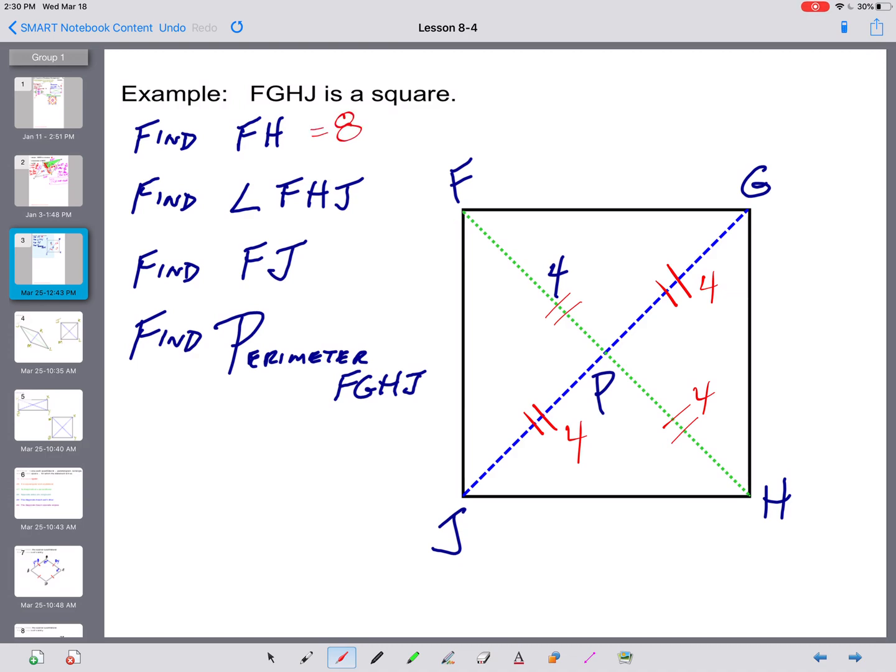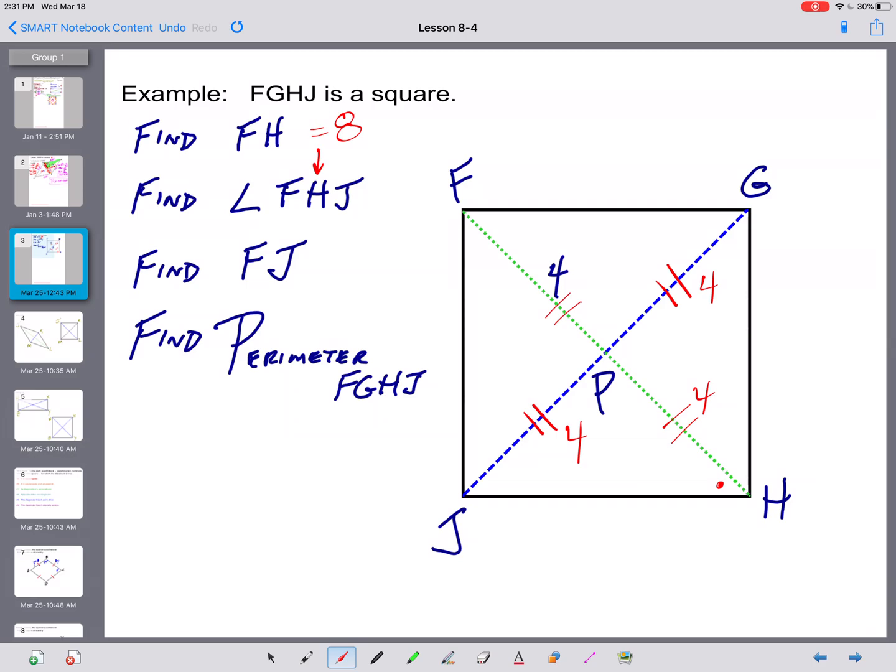We got that. The next one, look at the angle. Start at FHJ, the middle one, the H. This is the angle we're looking for. We know that there's 90 degrees in every corner, and a square is a rhombus.